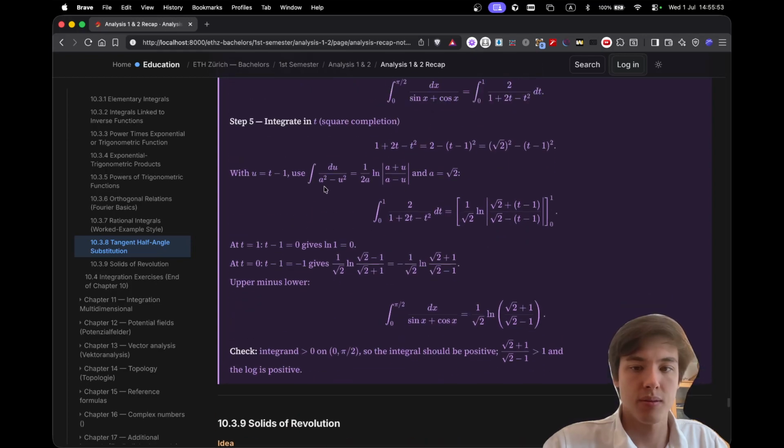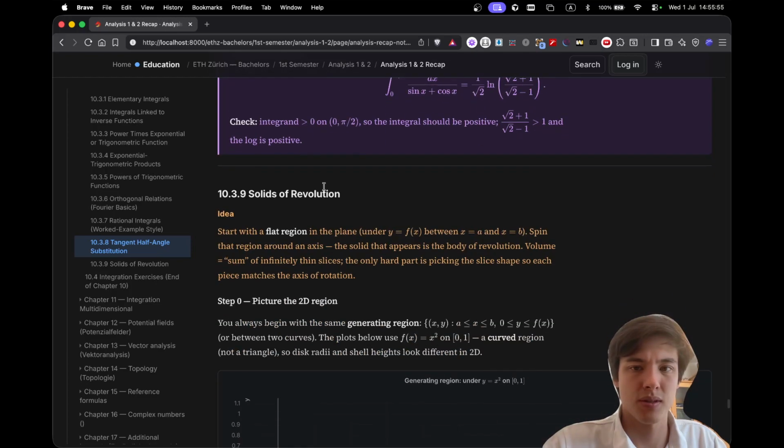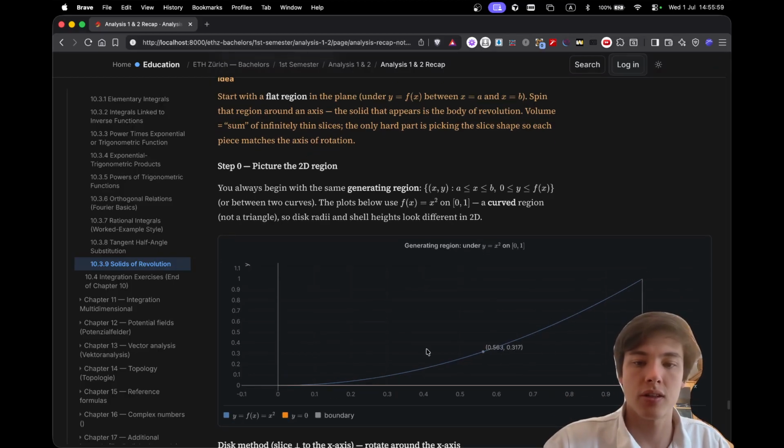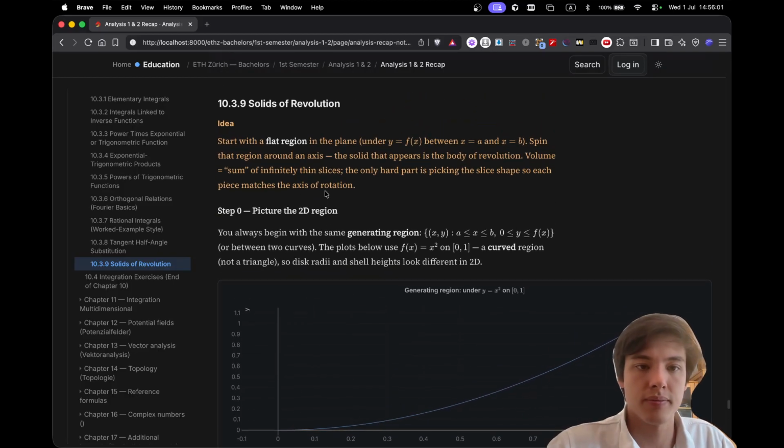Okay, I'm gonna skip this. Maybe some other time. Solids of revolution. So if we have a function, then we have r times this, then we can write it into a volume of sums.